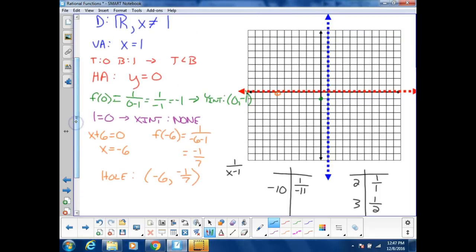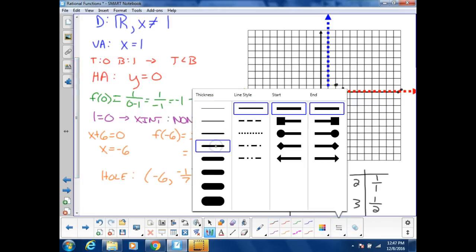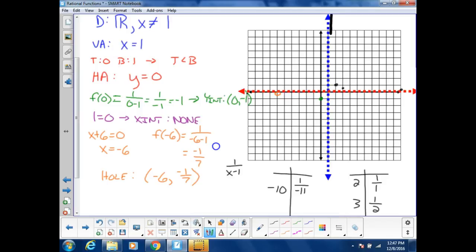So that gives me 1, 1/2, 1/9. There, and there. Comes in. Comes in. I lift up. And there. And again, I can do asymptotal behavior, end behavior, all that stuff, right off the graph.